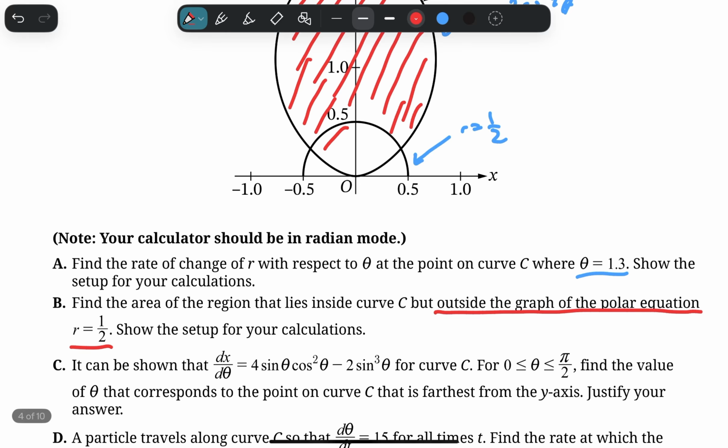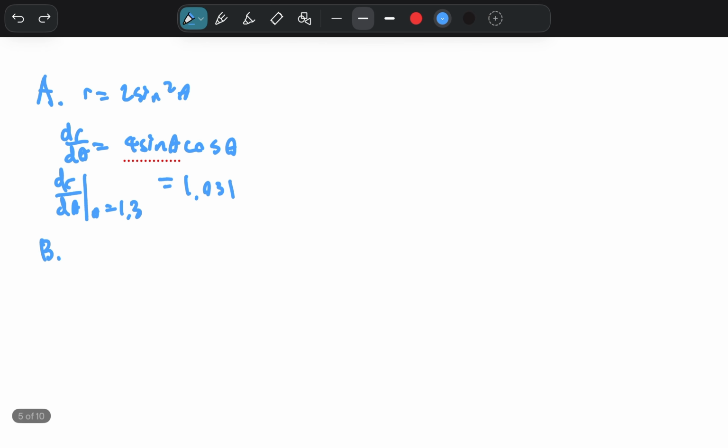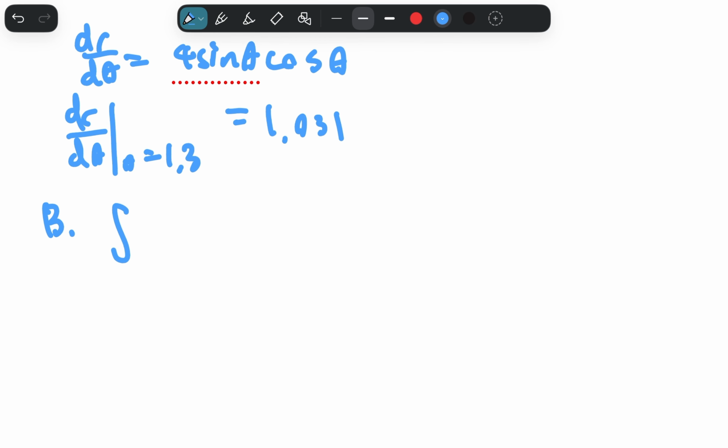So not including this area. Well, how do we do that? The equation for finding area is the integral from the two endpoints a to b of the outer polar equation, let's call it r1 squared, minus the inner polar equation, r2 squared, d theta.